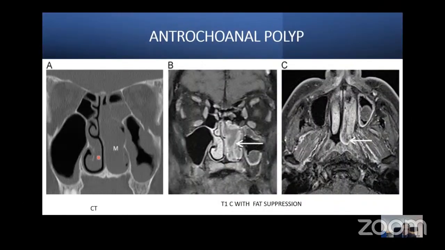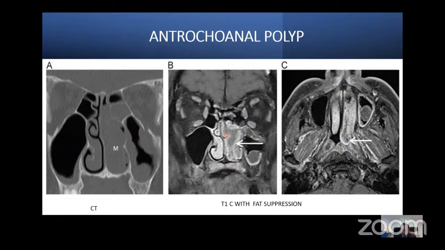The CT scan coronal view shows a homogeneous lesion filling the nasal cavity. It is not expansile, it is not erosive, it is unilateral, and there is some mucoperiosteal thickening of the left maxillary sinus.